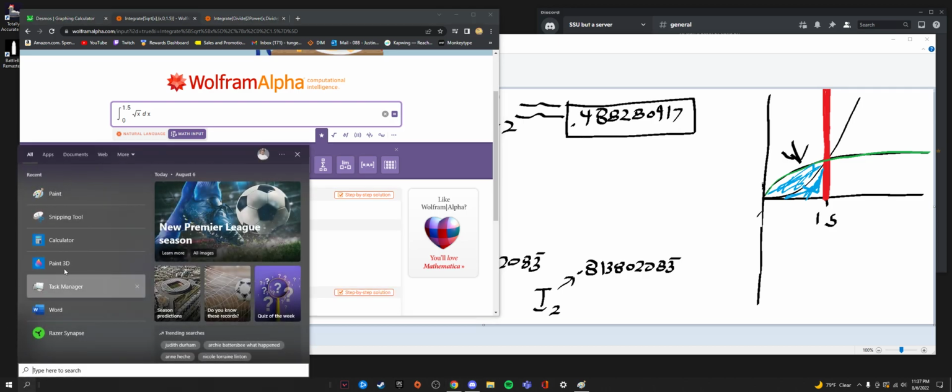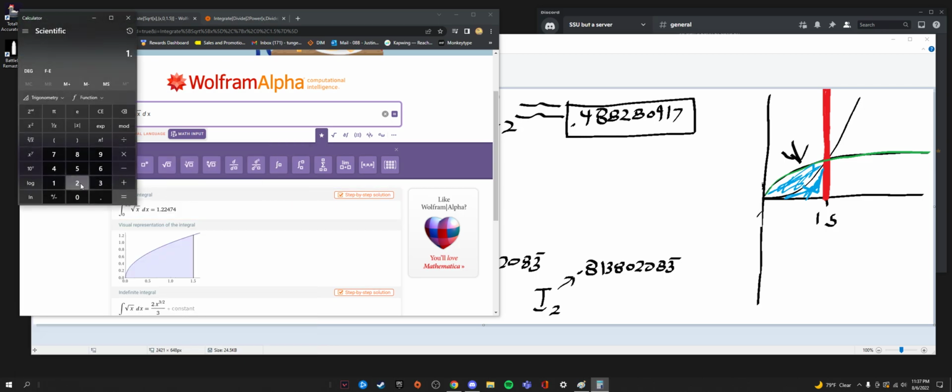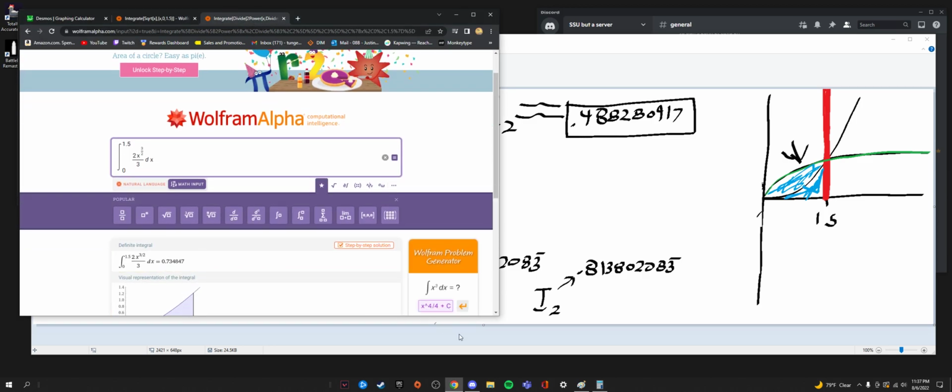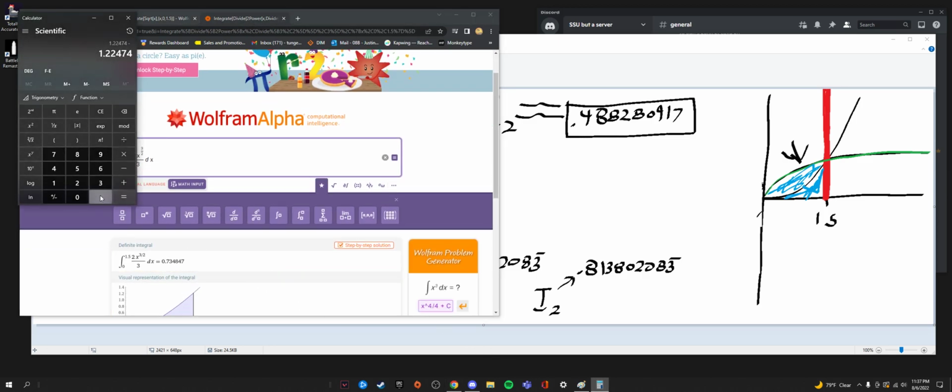So let me break out the calculator again. 1.22474 minus our second integral, I sub 2, which is approximately 0.73847, and this culminates to 0.489893, which, if you compare to our approximation of not only not having an infinite number of 3's, but also estimating our square root, it's not a bad result.